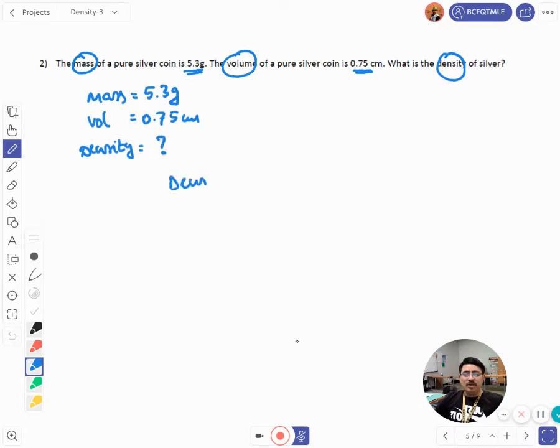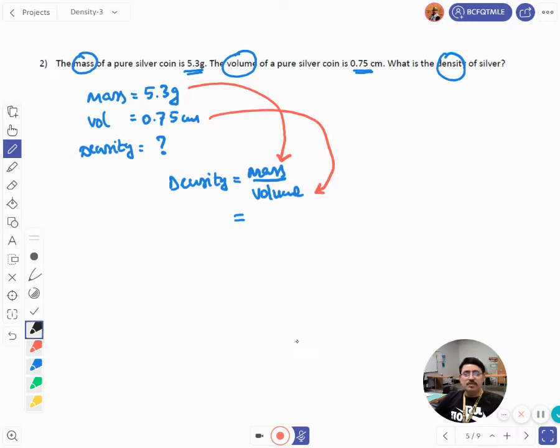You know that density equals mass per volume. So just plug in the numbers. Mass goes here, volume goes to the denominator. As simple as that. So mass is 5.3 grams. Volume is 0.75. And my apologies, it is centimeter cubed. Typo error.